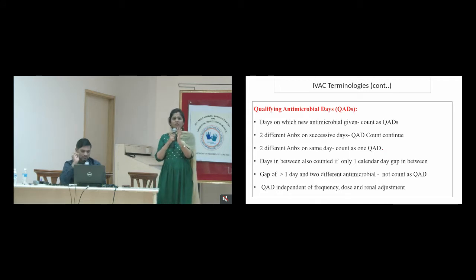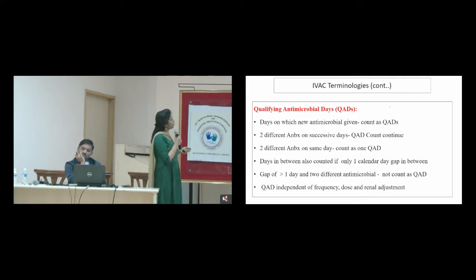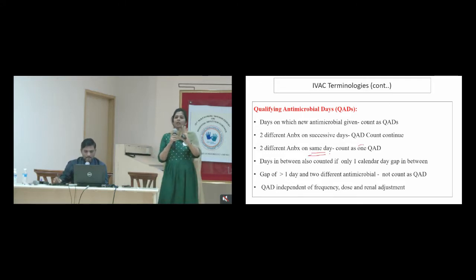Today meropenem is given, tomorrow vancomycin is started, the day after tomorrow piptaz is started, still it is QAD 1, 2, 3, in spite of the different antimicrobial agents. Two different antimicrobials started on the same day count as 1 QAD. Today amikacin and piptaz are started. You cannot take it as 2 QAD. It is 1 QAD. In spite of 2 antimicrobial agents, we are counting days, so it is 1 QAD.